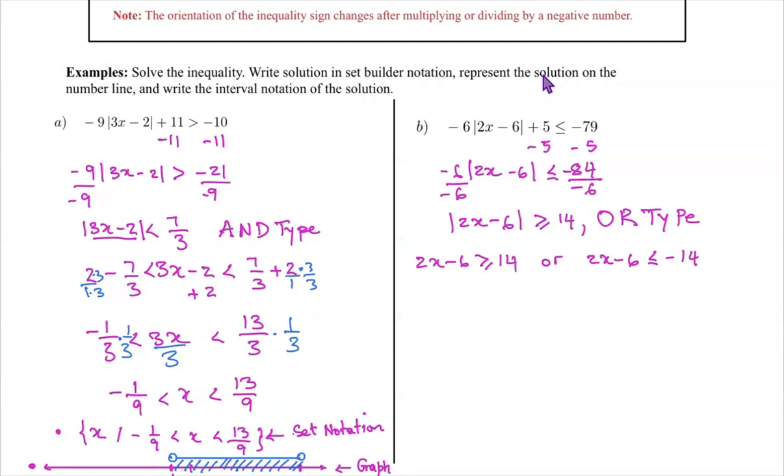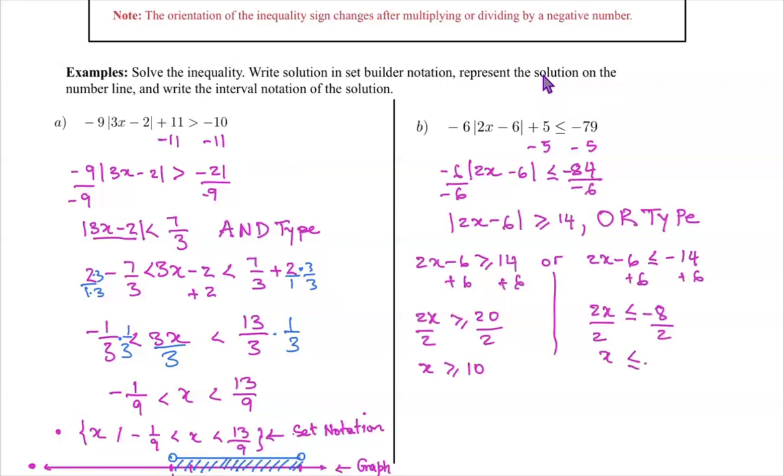So we have the two inequalities. We can solve them by adding 6 to both sides of each inequality. 2x will be greater than or equal to 20. Then we divide by 2 here to get x greater than or equal to 10. 2x is less than or equal to negative 8. Then if we divide by 2, x is less than or equal to negative 4.